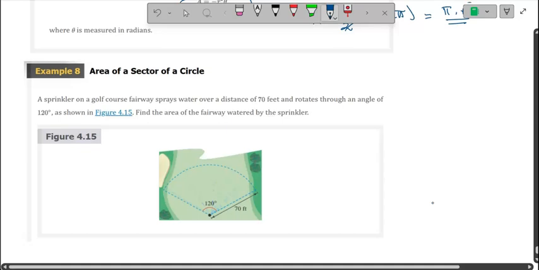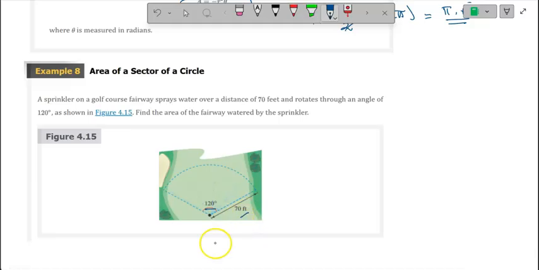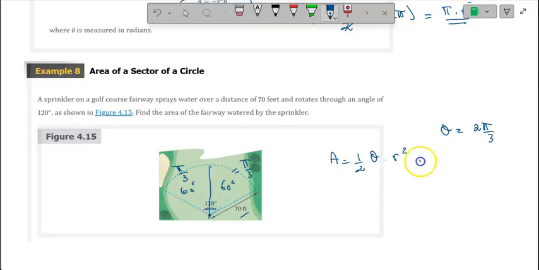And this is an application, so they give you 120 degrees and this is 70 feet. So the area of a sector is going to be 1/2 theta times r squared. And again, theta is 120 degrees. Remember, 120 degrees is 60 plus 60. What we say 60 is pi over 3. So I don't need to do the equivalent. So theta is going to be 2 pi over 3.